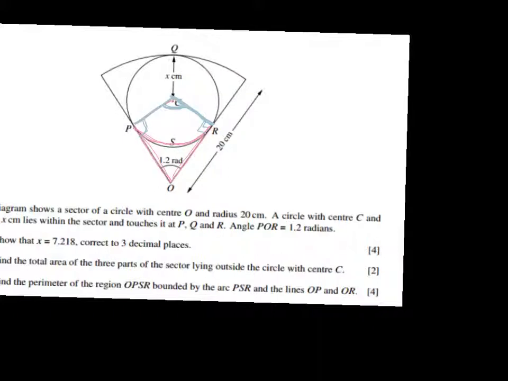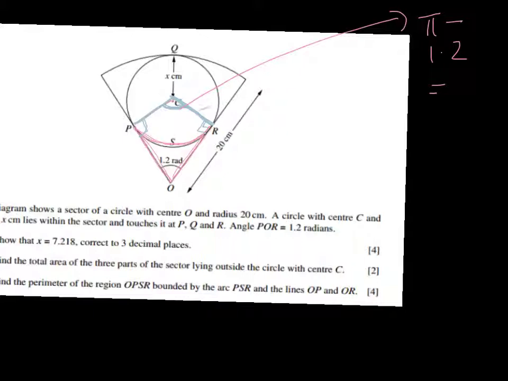This is the quadrilateral, so quadrilaterals have to add up to 360 degrees. So that's 90, that's 180 of it, so the other 180 has to be shared between those 2 angles. Or in this case, it's going to be pi. So this angle here is just pi minus 1.2, which we'll leave like pi minus 1.2 in our equation. So we're not rounding too early.